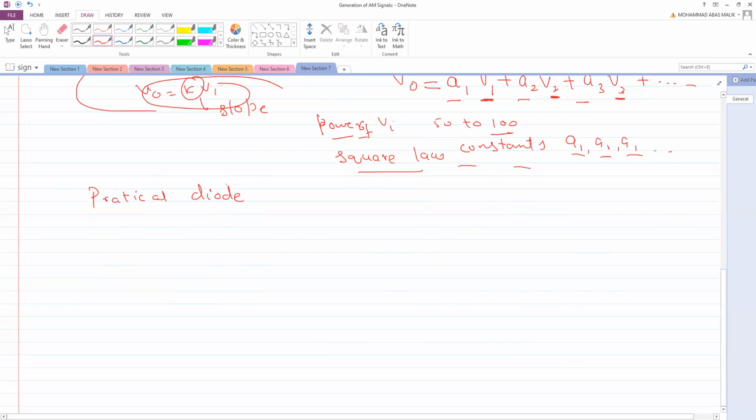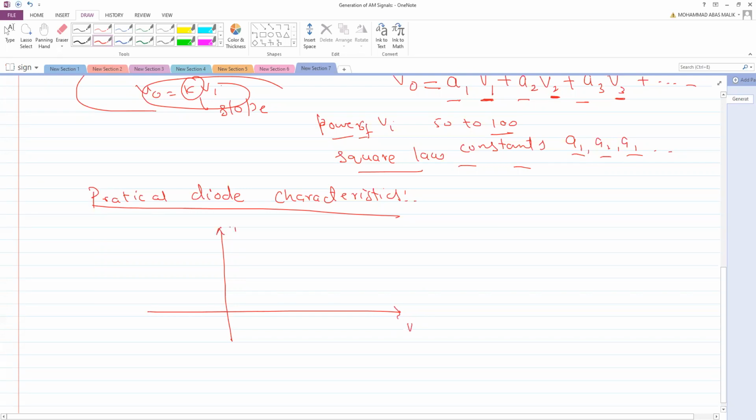So we'll see which portion of the diode characteristic will be treated as scalar. It will be like this. You have this x-axis, this is your voltage value, this will be your current value, and then the equation will be something like this.